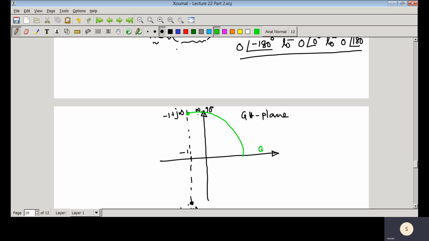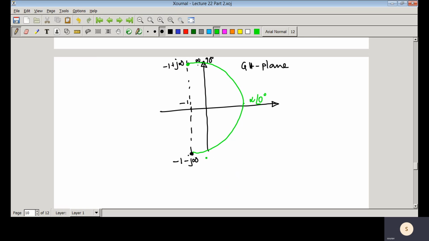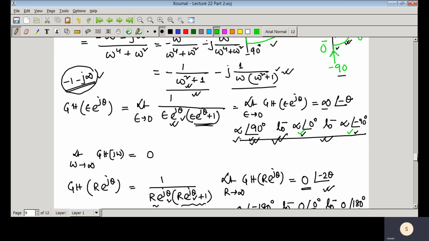So this is that angle 0, that is infinity angle 0, and finally you are coming to this particular point, which is actually, as it is infinity minus infinity and it is only minus 1, very close to minus 90 degree. So you are at this particular point, and then you are here.